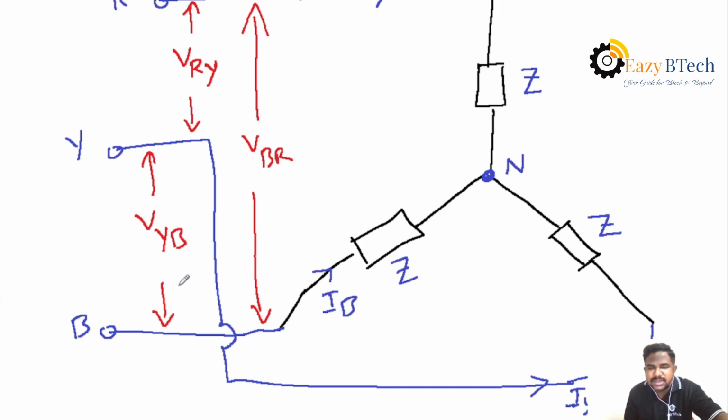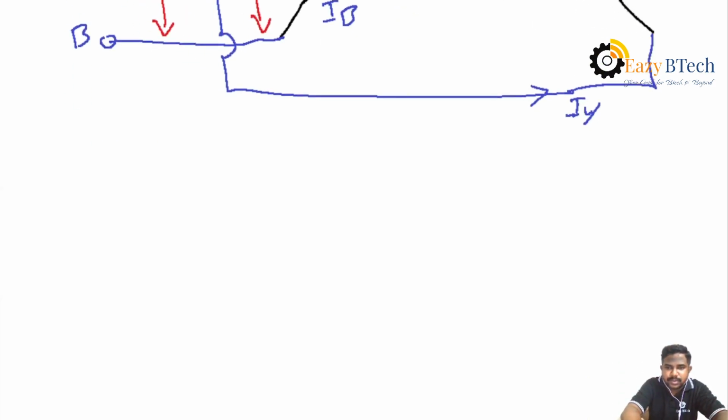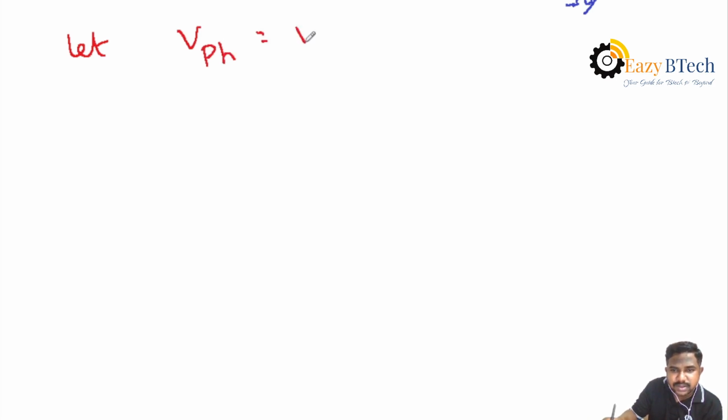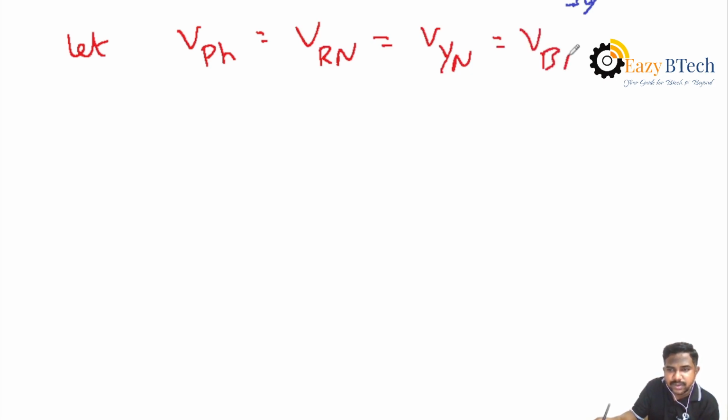What are the phase equations? What are the line equations? From the star connection system, first of all, we have to consider the phase voltages. The phase voltage is nothing but the voltage in the R phase, that is VRN, from R to neutral. Similarly VYN and VBN.